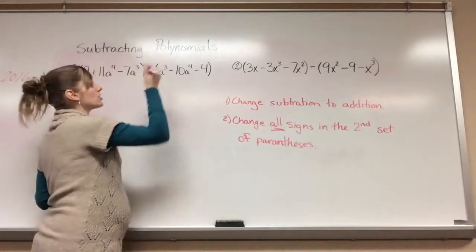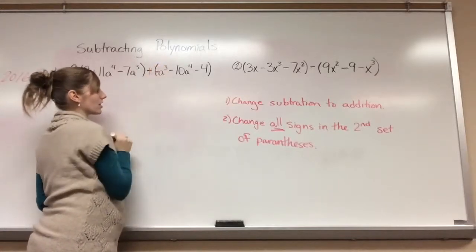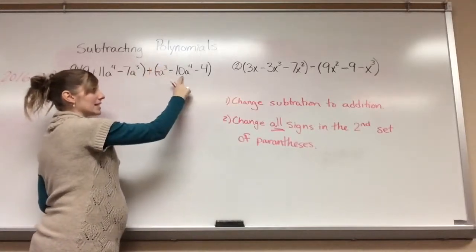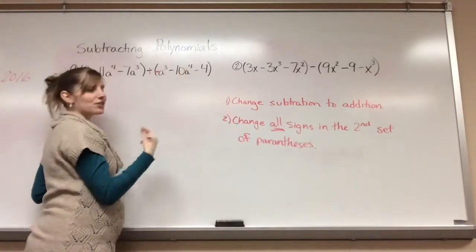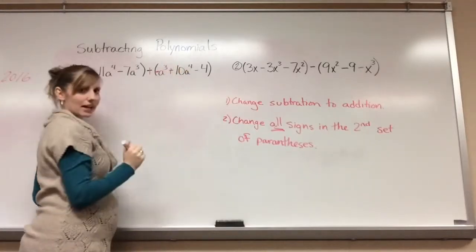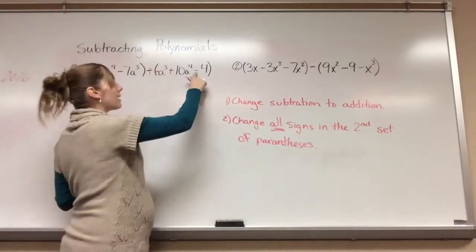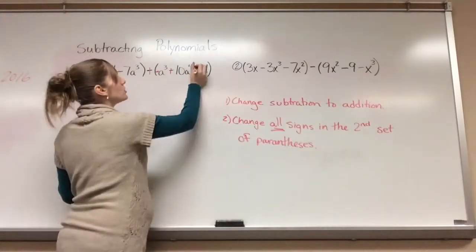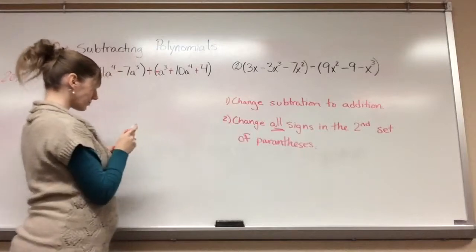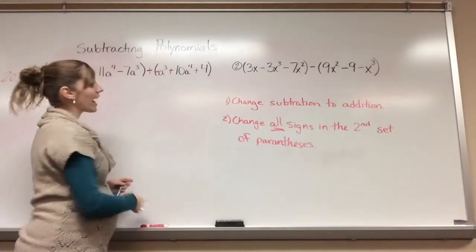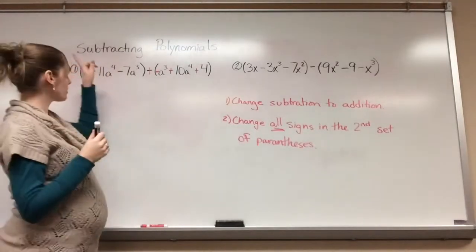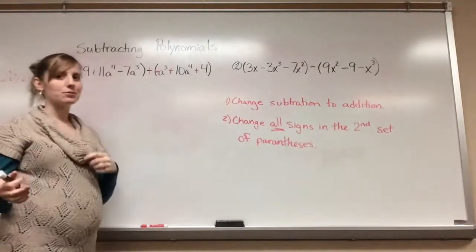I need to change it to negative a to the 3rd. This is a minus 10a to the 4th. I have to change it to plus 10a to the 4th. I must change all signs, which also means this -4 must change to +4. Once you do that, this is now an addition problem instead of subtraction.